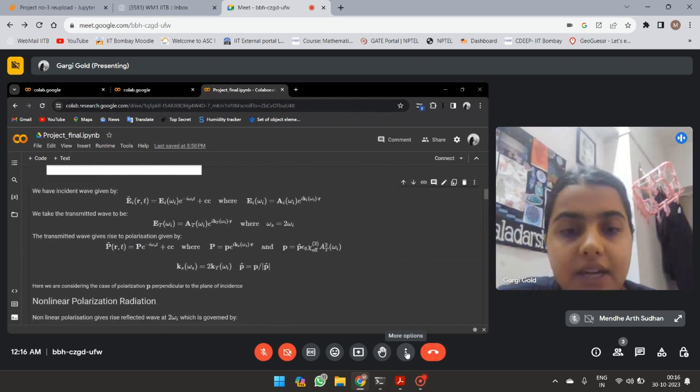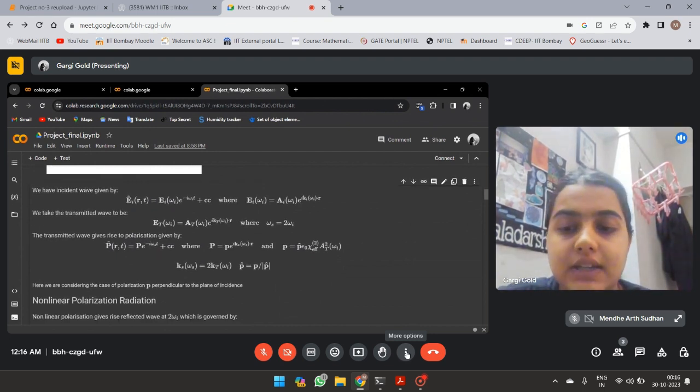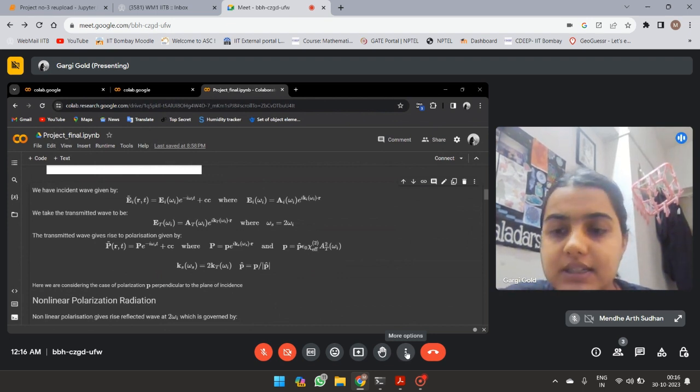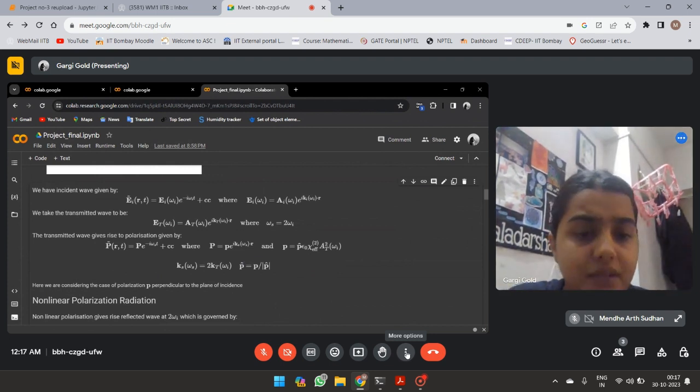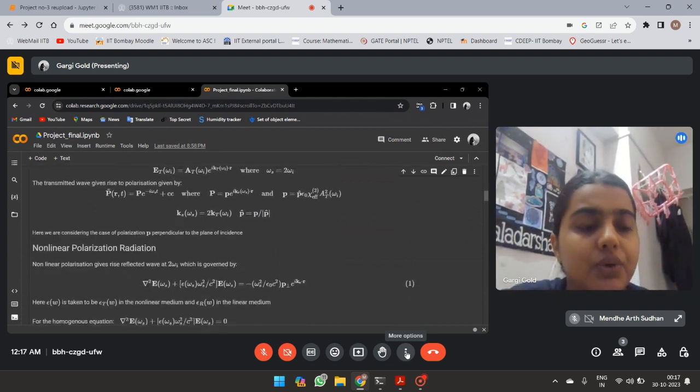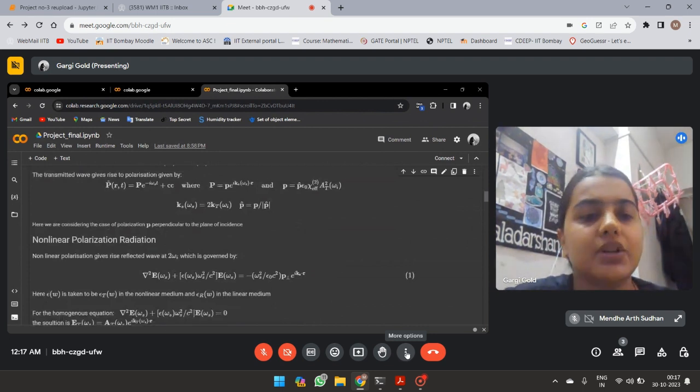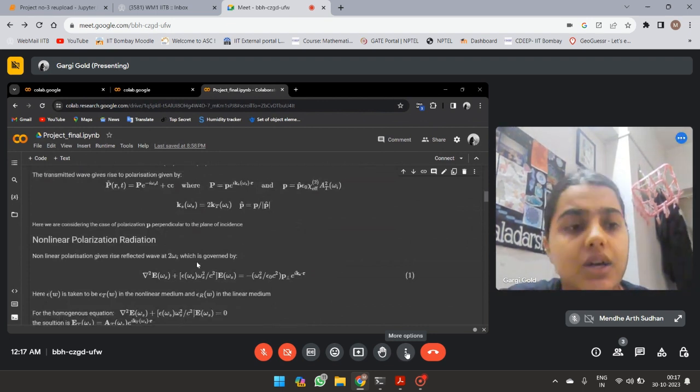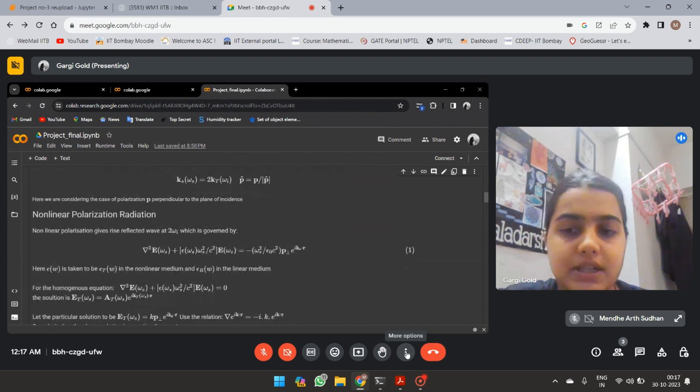Then we have ks, which is the wave vector of the second harmonic, and you can see that it is twice the wave vector of the transmitted fundamental wave. Again, this is the polarization unit vector. Please note that here we are considering the case of polarization P perpendicular to the plane of incidence.